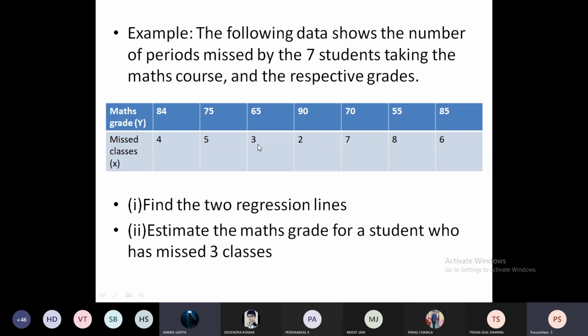What is the reason in general? He may be good at self-study. What would be the reason that he scores more marks than this third guy, though he is absent for one more class? A person who attends all the classes but does not understand the topics, will he perform well in the examination?